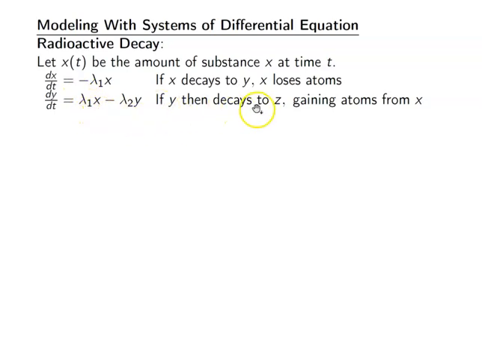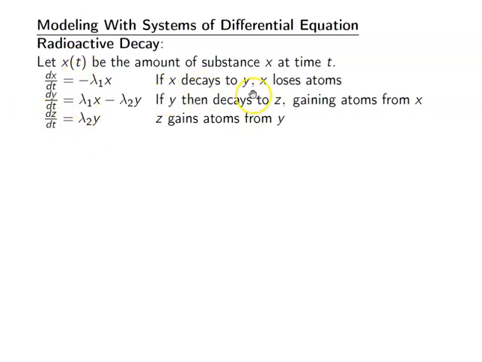But if it itself is decaying as well to another substance, then it is losing atoms. Okay, and so this substance z, the amount of z, is increasing, and it's increasing in the amount that it is accepting atoms from the decay of y. Okay, so this one is a nice example of how we could create a system of equations, right?